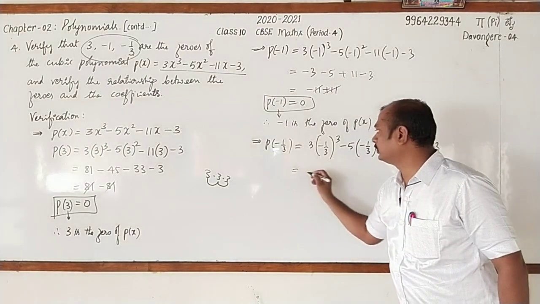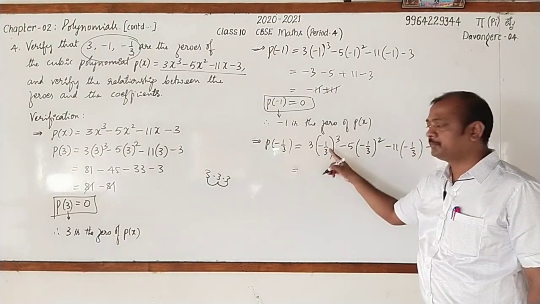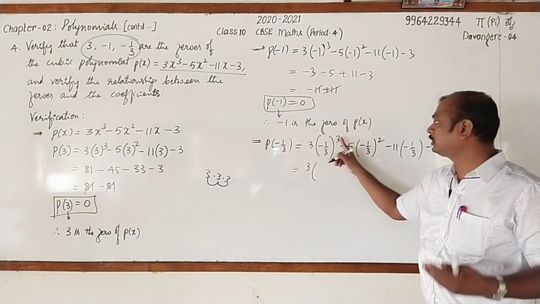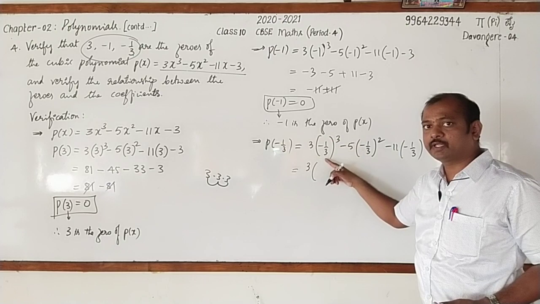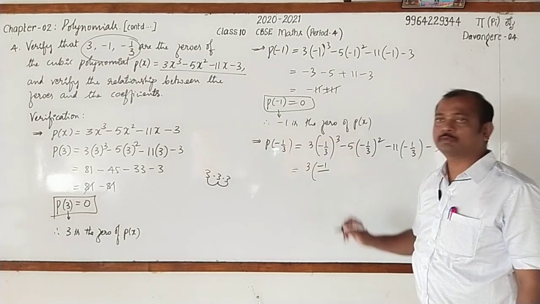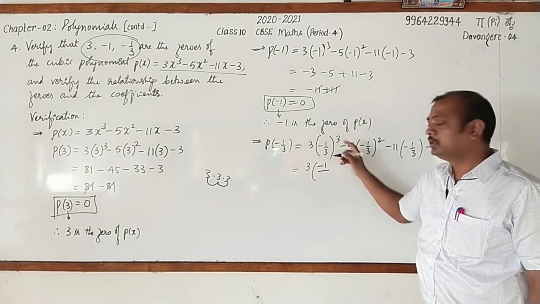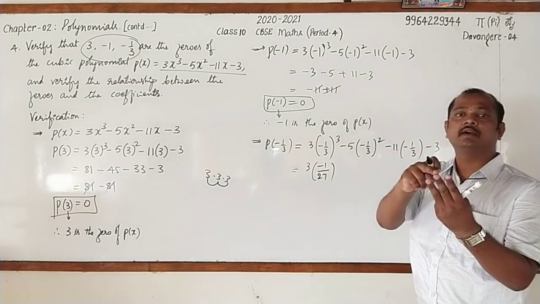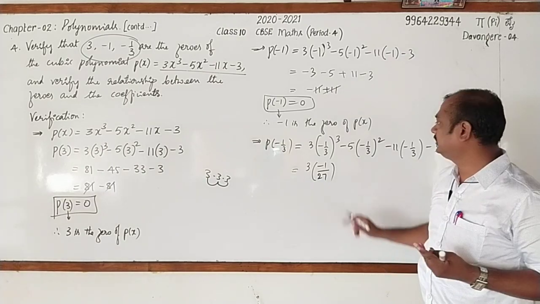Now observe here, 3 into, what is (−1) cubed? Here, the cube should be applicable to both numerator and denominator. (−1) cubed is minus 1. 3 cubed is 27, because 3 3s are 9, 9 3s are 27.